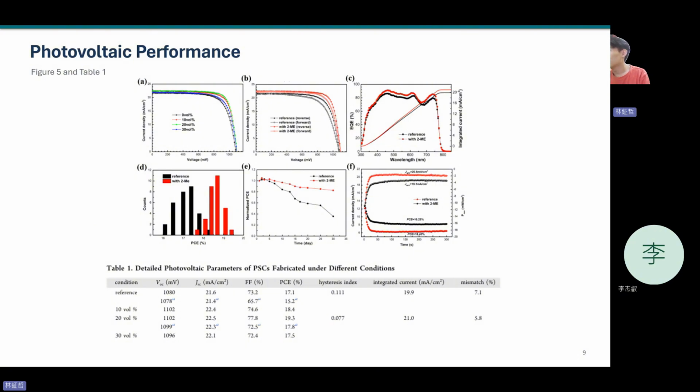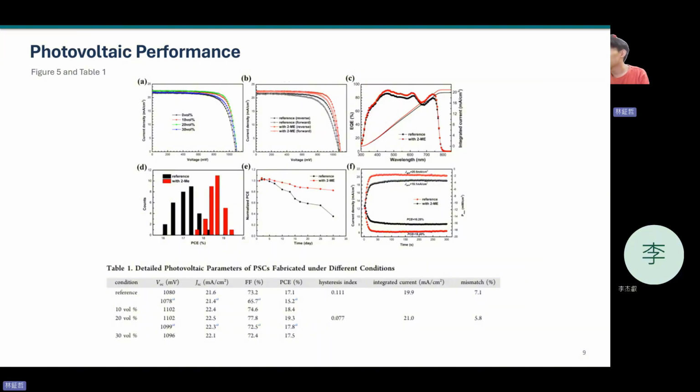For the 20% 2-ME device, the voltage increased to 1102 millivolts. The current density increased to 22.5 milliamperes per square centimeter. The fill factor increased to 77.8%.